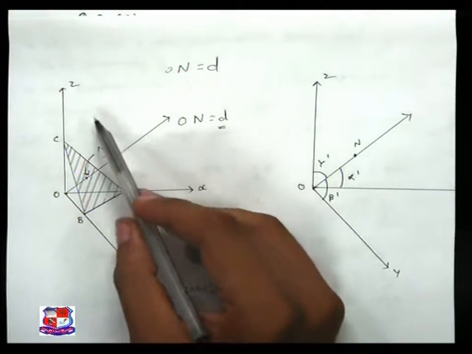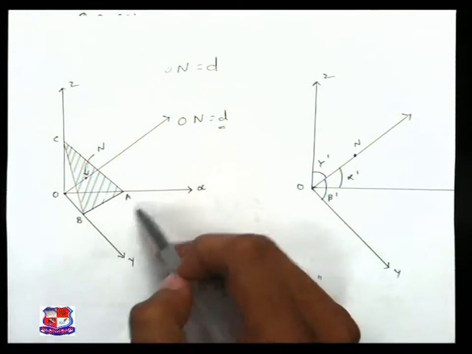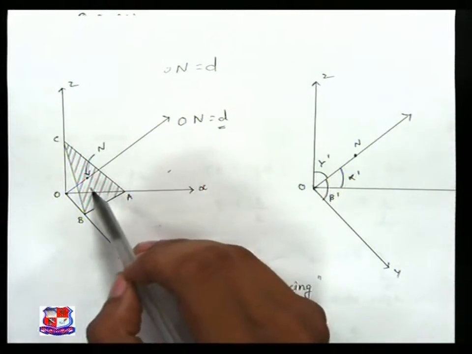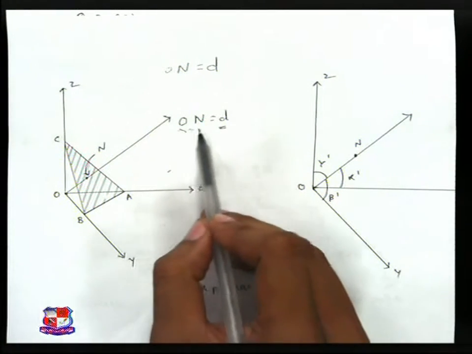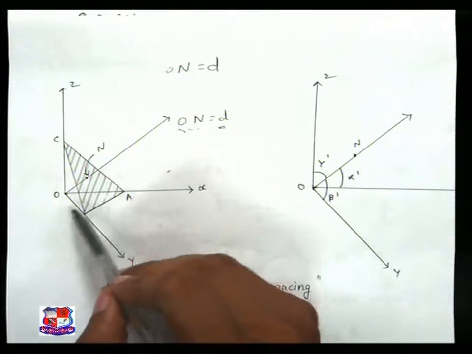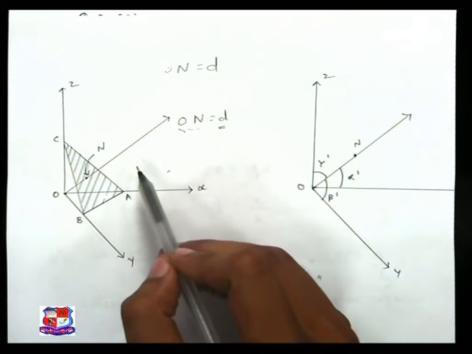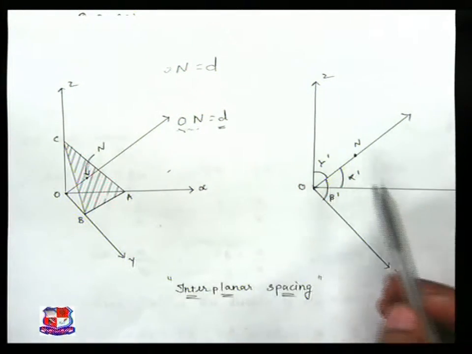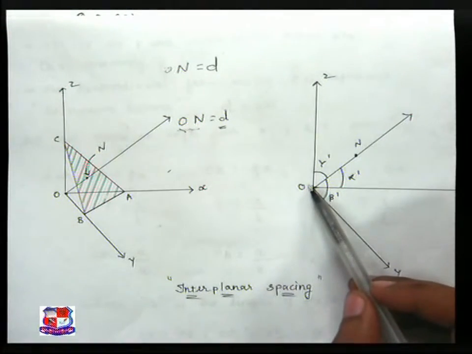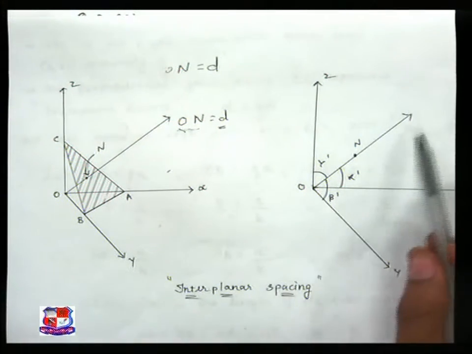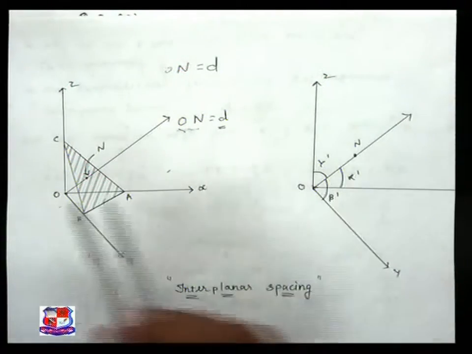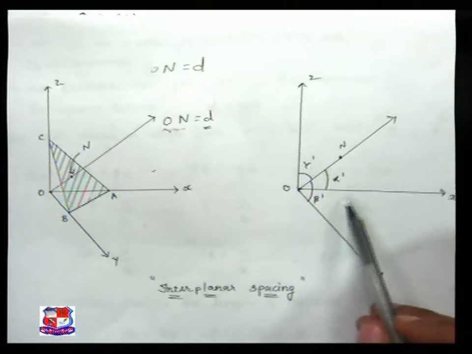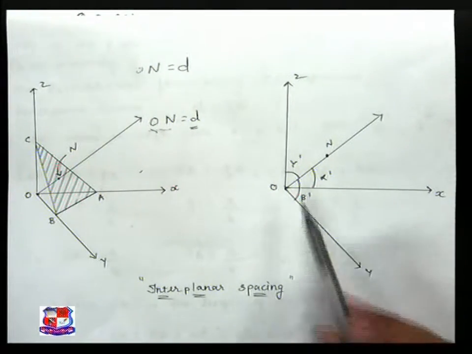If I draw another plane above this one, the distance between the two planes will be the same as ON. That is, one plane, above it a parallel plane, above that another parallel plane. In this diagram, the perpendicular line drawn from O and passing through the plane makes angles with the coordinate axes x, y and z.